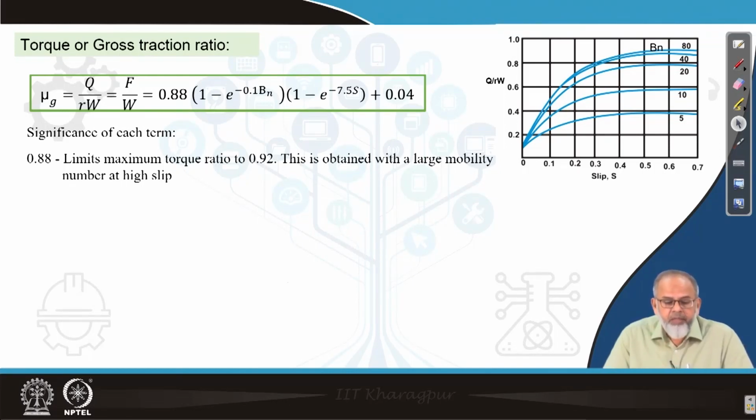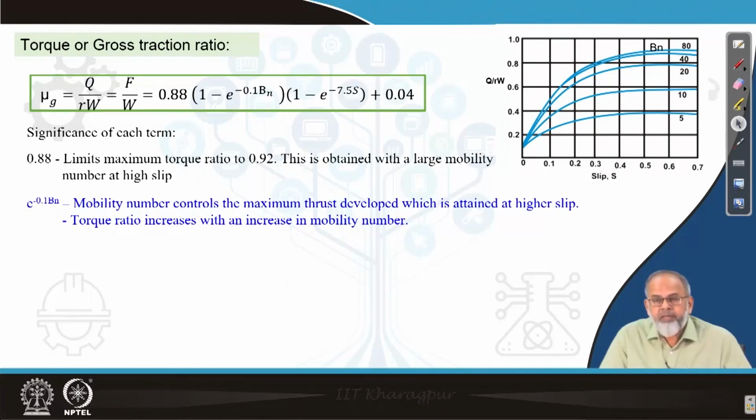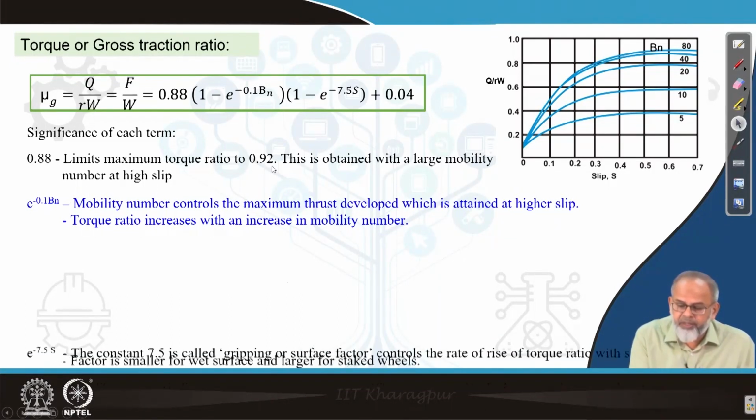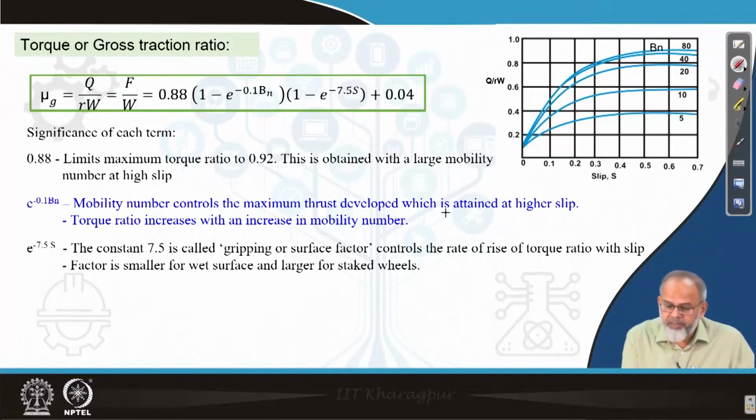That means 92% of the torque is converted to its full power. And where is it obtained? This is obtained with a large mobility number at high slip value. These are the two conditions. That means you will get 0.92 when there is a large mobility number and high slip.